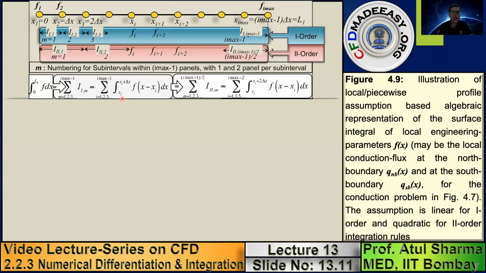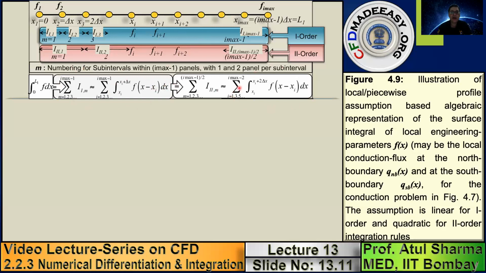So we have I max minus 1 division panels. For each panel, this is the formula which we use, and we sum it up for all the panels, where I is varying from 1 to I max minus 1. So for each panel we have an equation. This is the formula for first order numerical integration.